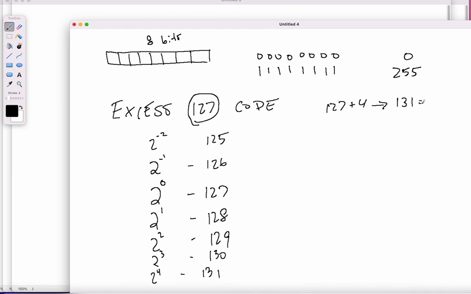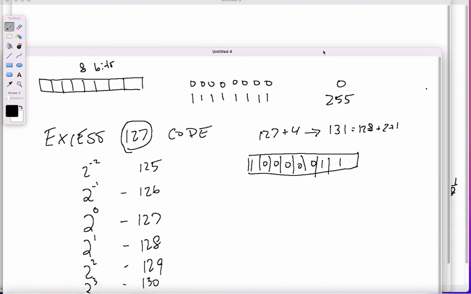Now 131 is equal to 128 plus 2 plus 1. So the exponent for this number should be 1, 2, 3, 4, 5, 6, 7, 8. Okay, so it should be 128, 0, 0, 0, 0, 0, 2, 1. This would be the exponent for the number that we were working on.